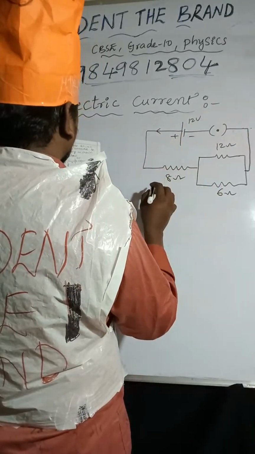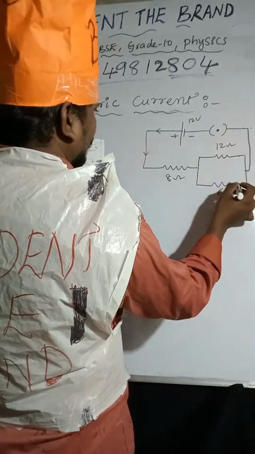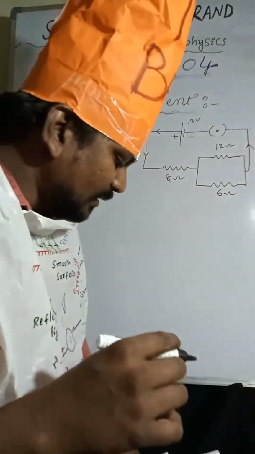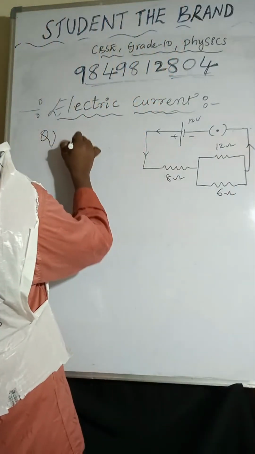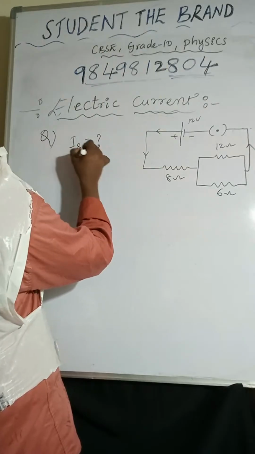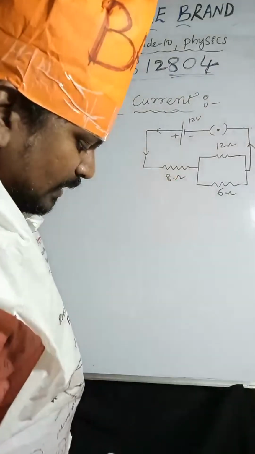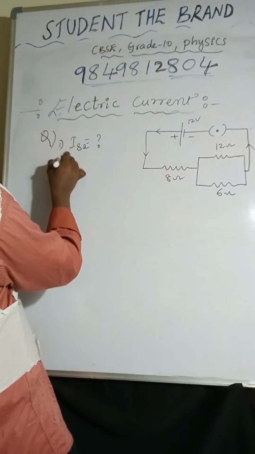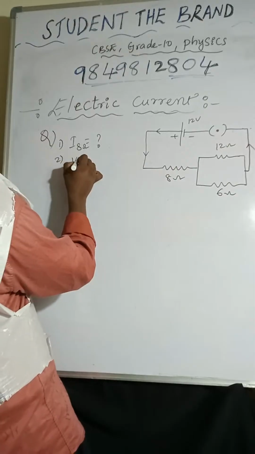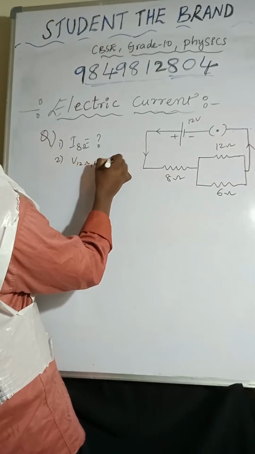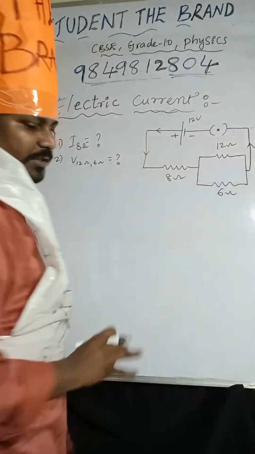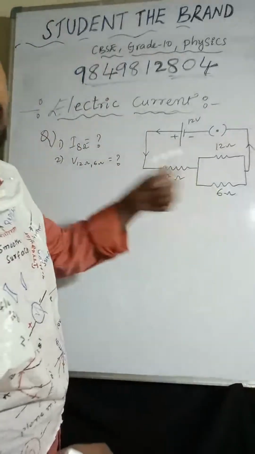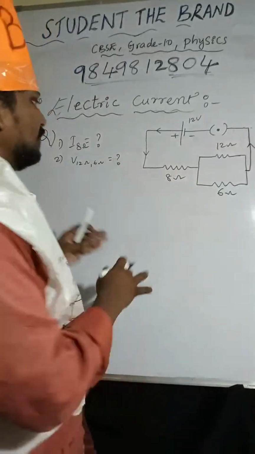This is 8 ohm. Now, can you find out? First point is current through the 8 ohm resistor. Second one, potential difference across 12 ohm and 6 ohm. So across here we have to find out the potential difference. And the next one, current through the 6 ohm resistor. First you find out these two, then we'll go to the next one.